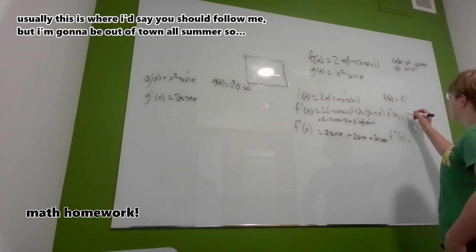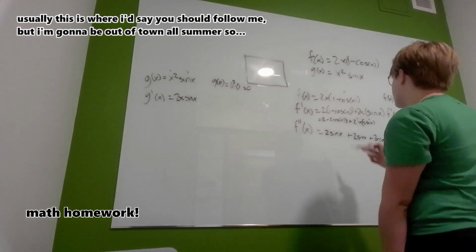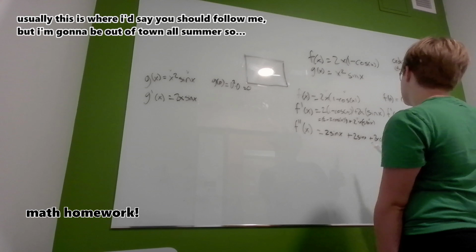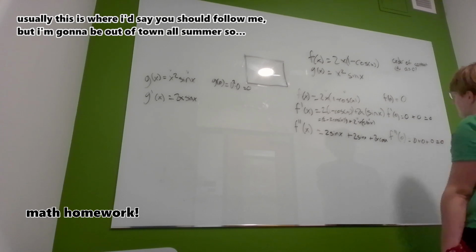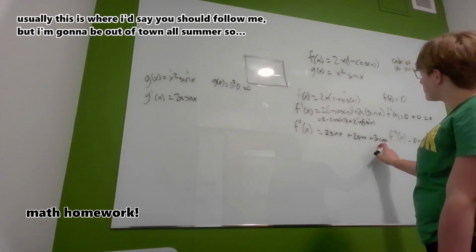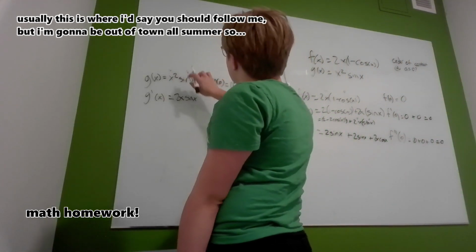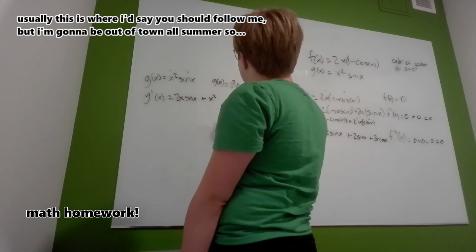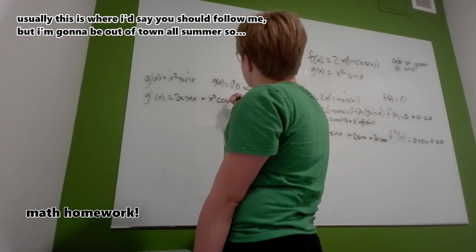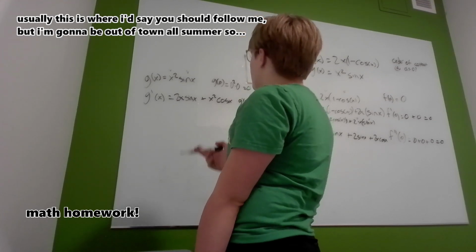It's still 0. Then we have 2 sine x, which is still 0. So it's still 0, but it's a different 0. Then the 2x cosine x and x is 0, so it's not that much issue. u prime v plus u v prime. Then you still have 0, 0.